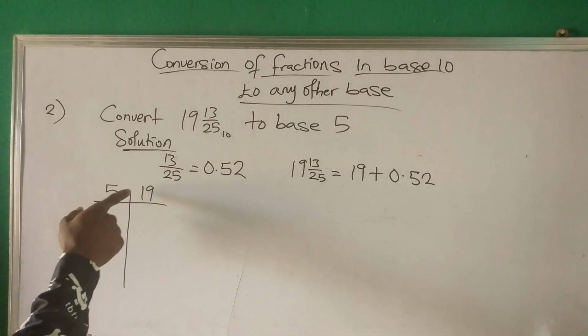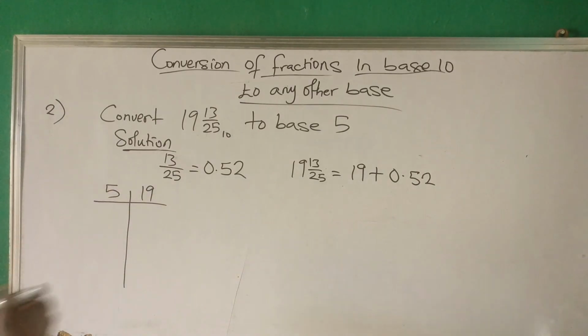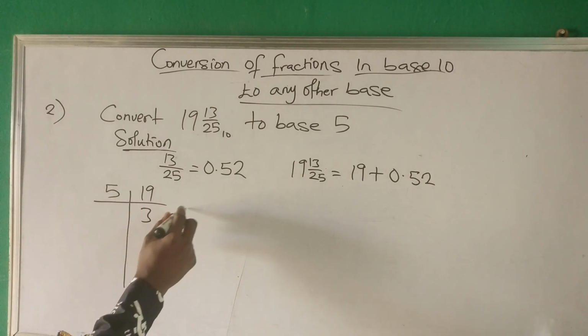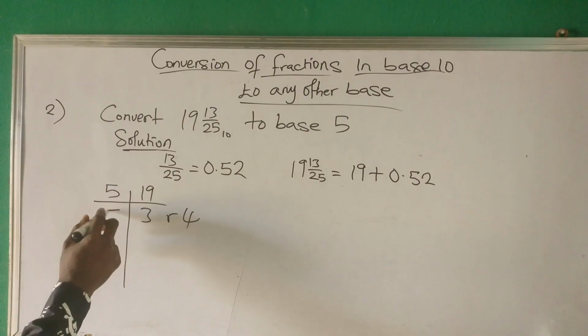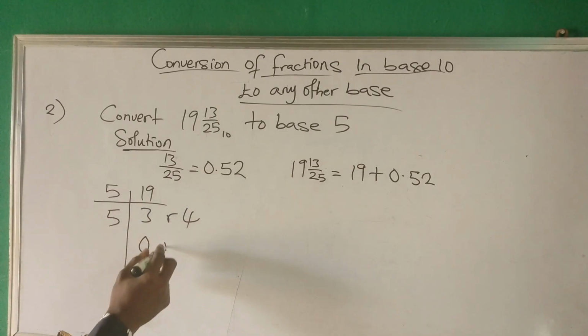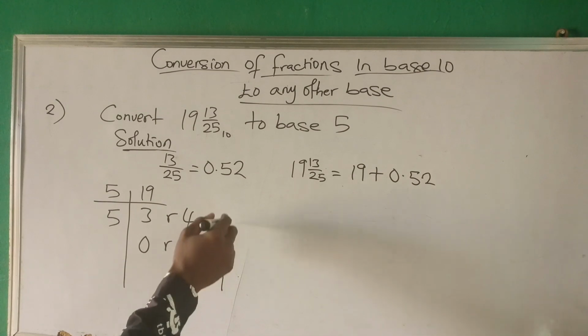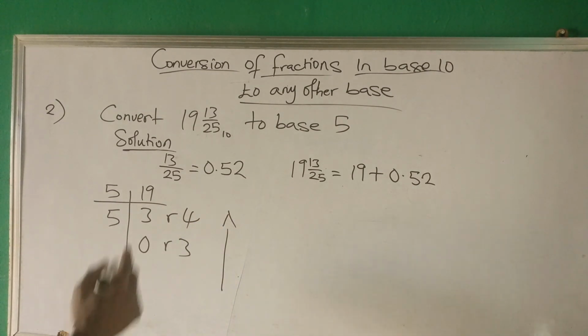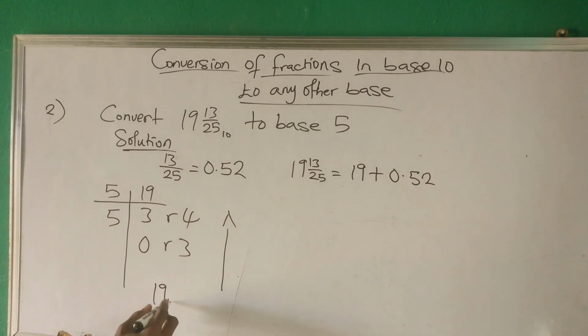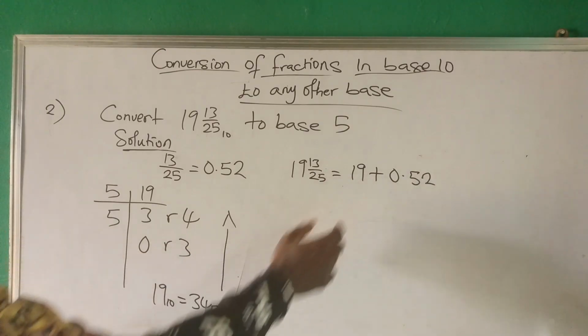So 5 in 19 is 3, remainder 4. 5 in 3 is 0, remainder 3. Remember, we write the answers in ascending order, meaning that 19 base 10 is equal to 34 base 5. So with this we are done with the whole number part.